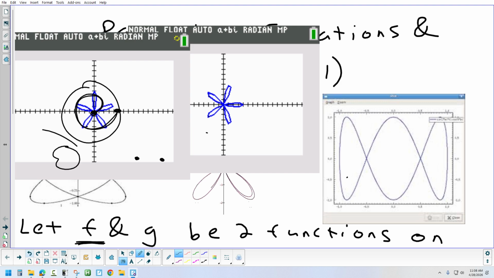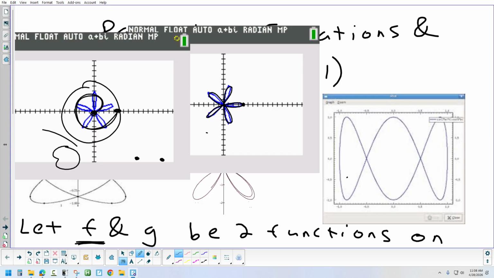Okay. Now, some graphs start and stop at the same point. So when I drew this one, I think it started right here. And the way that it drew it was like this, and then it went like this, and then it went like that, like that, like that, and then it stopped.